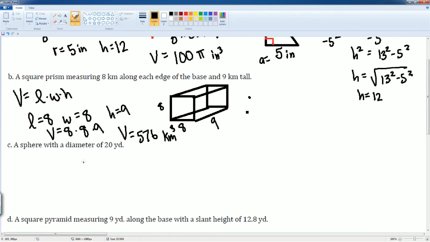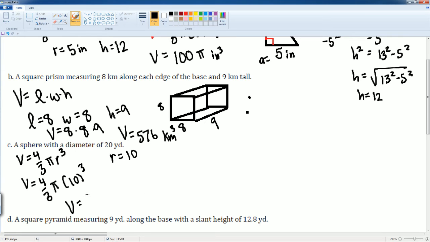Okay, next, a sphere with a diameter of 20 yards. We have to get the volume of a sphere first of all. The volume of a sphere is defined by V is equal to 4/3 pi r cubed, and we know that r is equal to 10, so plug it in. 4/3 pi 10 cubed. So plug this into the calculator. 4/3 times 10 to the 3rd power.